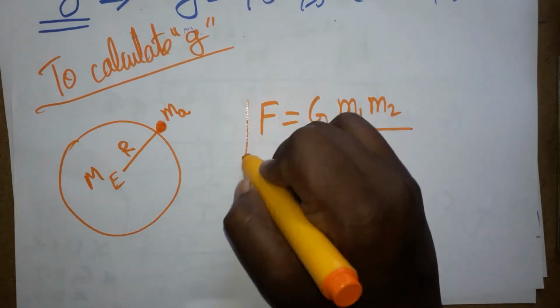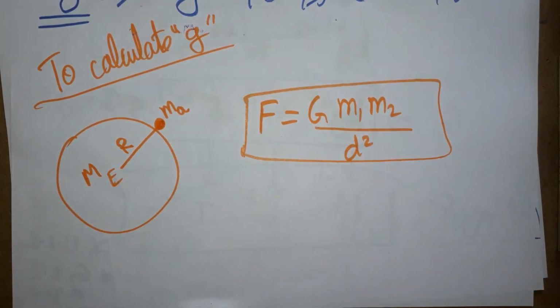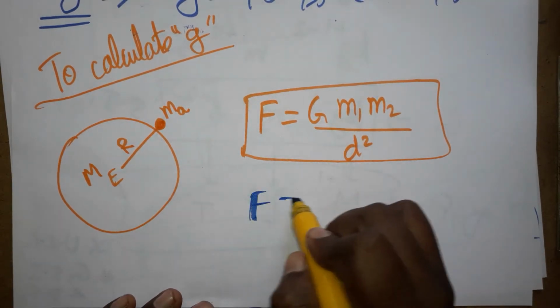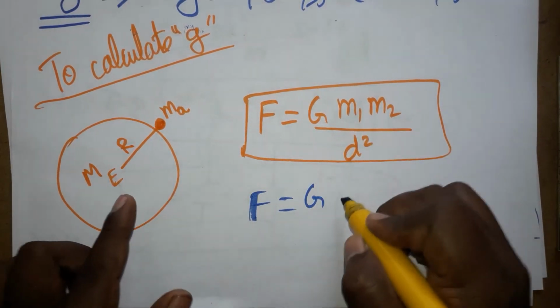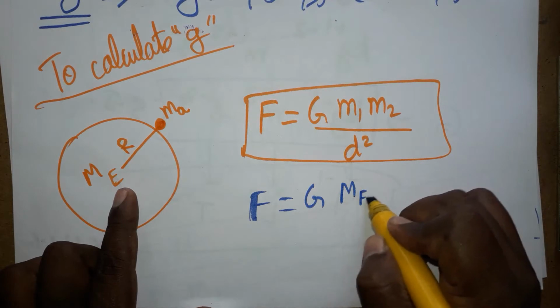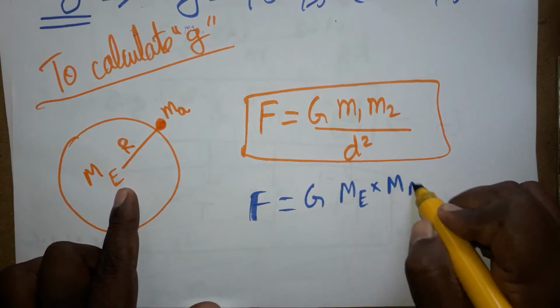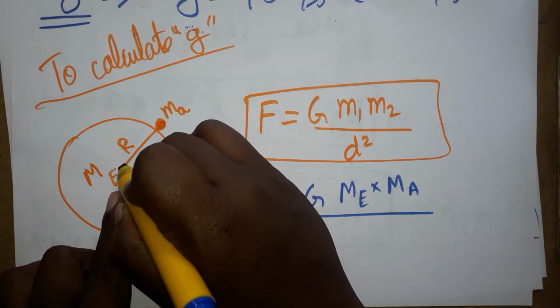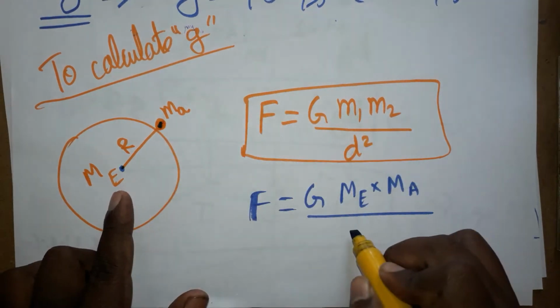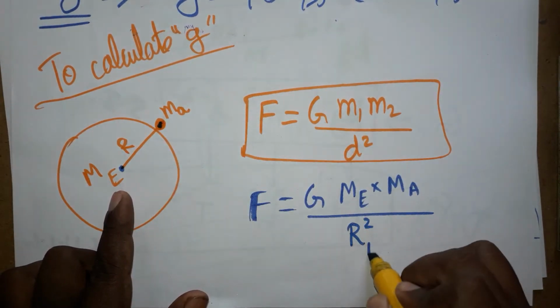This we learned in the universal law of gravitation. Here F is equal to G, same value, m1 is the mass of the earth, m2 is the mass of the apple. The distance between the earth and the apple is the radius of the earth, squared.